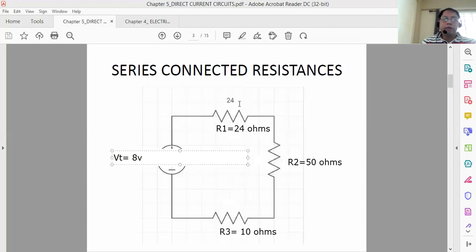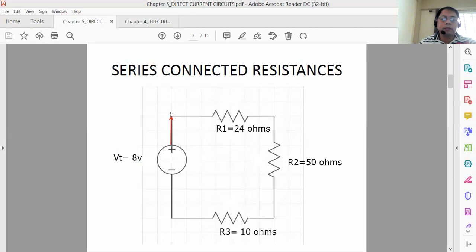So we rearrange and change the representations of our R1, R2, and R3 with these given values. Once the circuit is eventually turned on, we know that there will be current that will flow from this side.